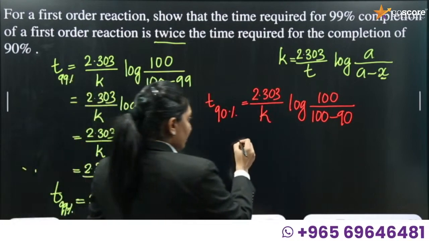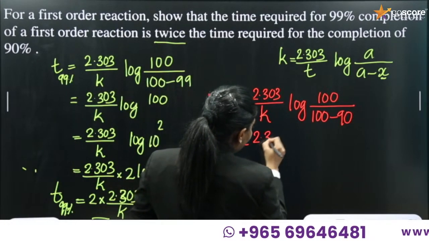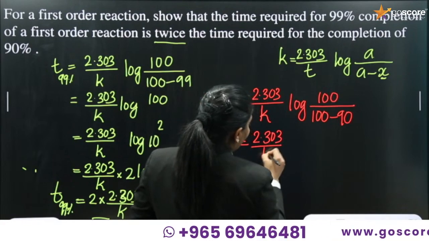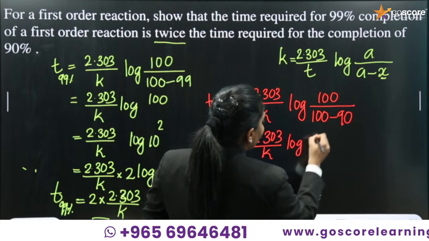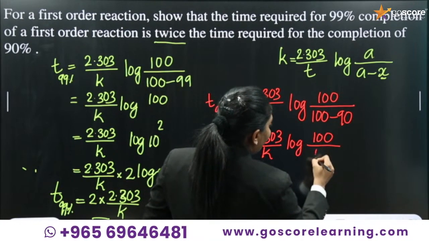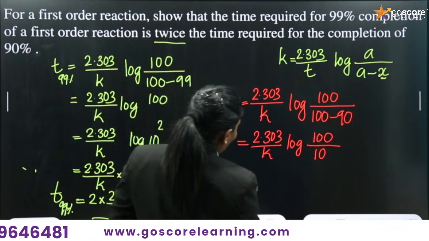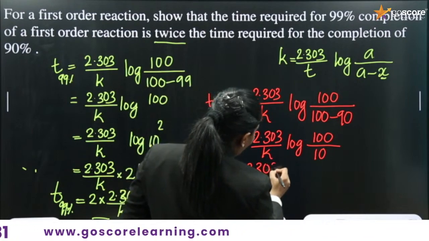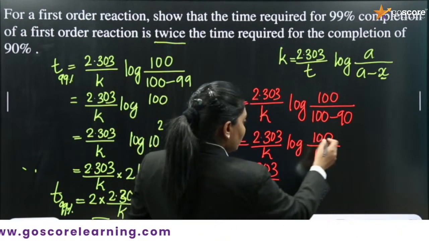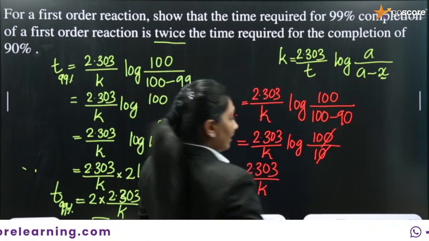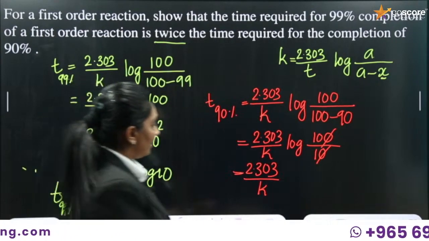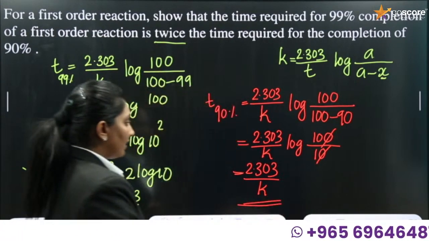So what will be our answer here? 2.303 by K into log 100 divided by 100 minus 90, 10. Then it will be 2.303 by K into log 10. Log 10 is 1. Then it will be 2.303 by K.